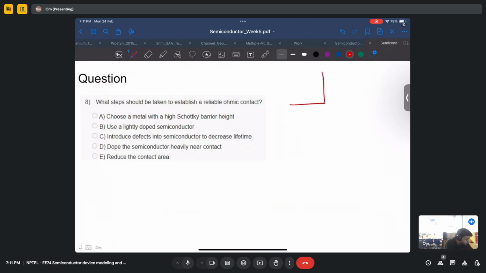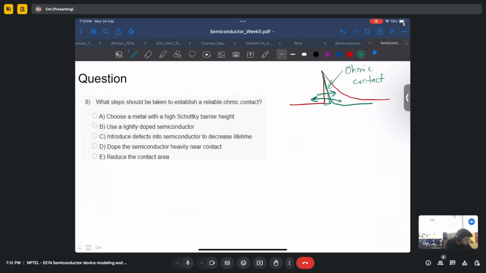Generally they have a Schottky contact, but if we dope the semiconductor very highly, what will happen is, this is a normal Schottky contact, but if we dope it very highly, we'll have a very thin depletion region here. What it enables is for electrons to tunnel from here to here or here to here. So this will form an ohmic contact.